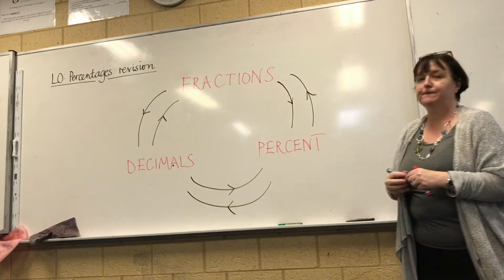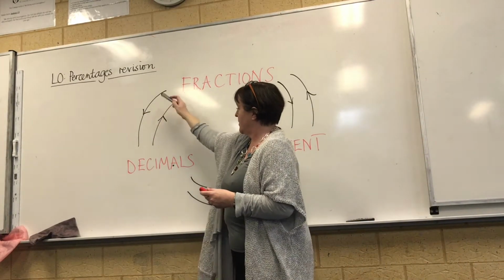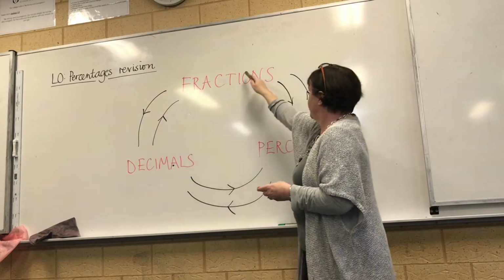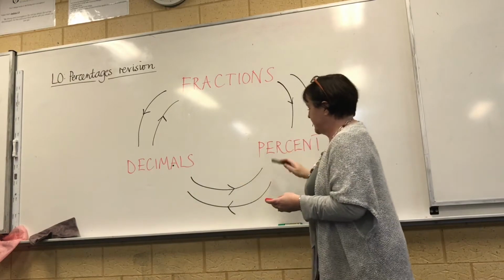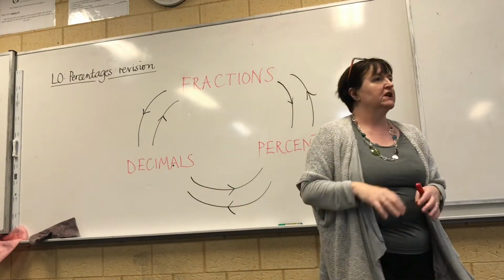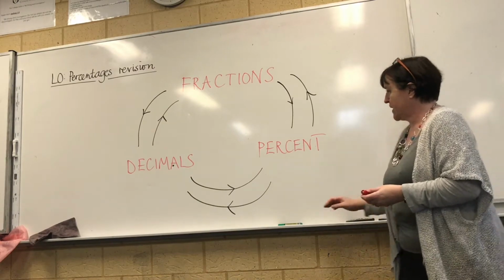Like that, okay? So obviously this one is fractions to decimals, decimals to fractions is that one, fractions to percents, percents to fractions, decimals to percentages, and percentages back to decimals. Because they're all kind of inextricably linked, really. Okay.